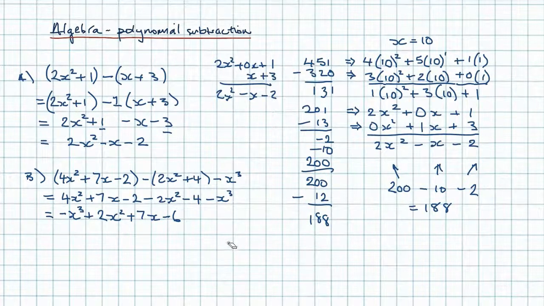We've completed our terms. We now have our result: 4x squared plus 7x minus 2, subtract this binomial, 2x squared plus 4, subtract x cubed, equals minus x cubed plus 2x squared plus 7x minus 6.